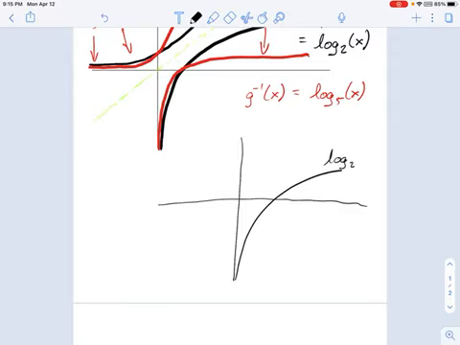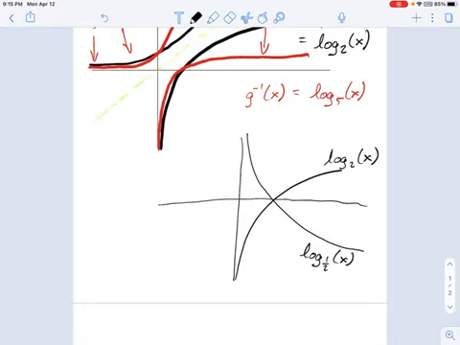That's going to be logarithm base 2 of x. What would happen if I was trying to draw logarithm base 1/2 of x? Well, that's an interesting case, and it looks kind of like this. I intend to draw this as the exact mirror image, because logarithm base 1/2 of x is a vertical reflection.